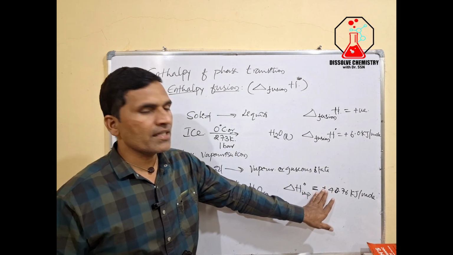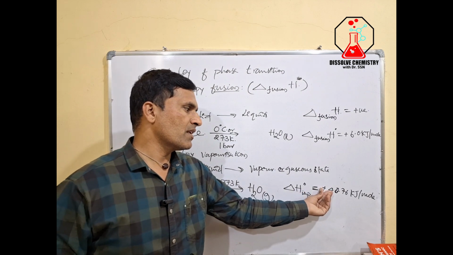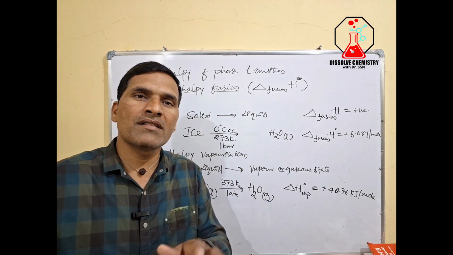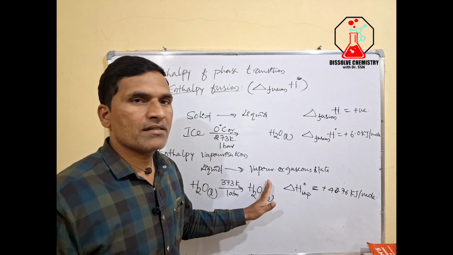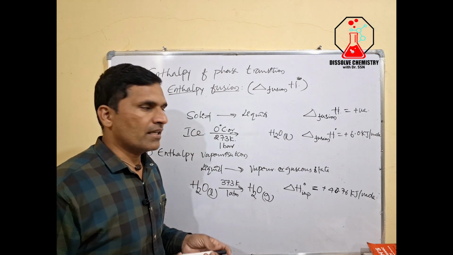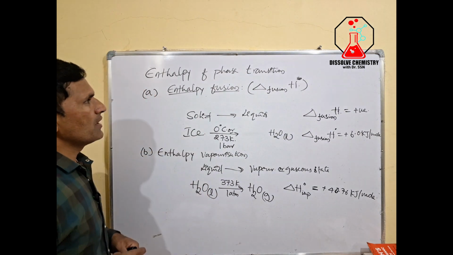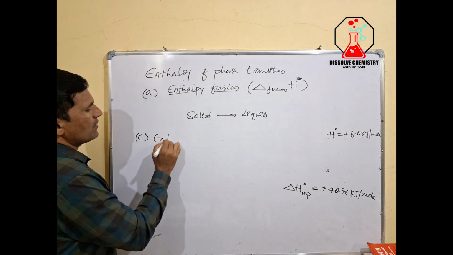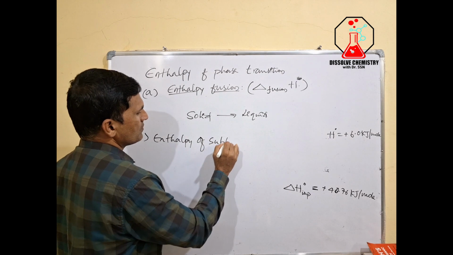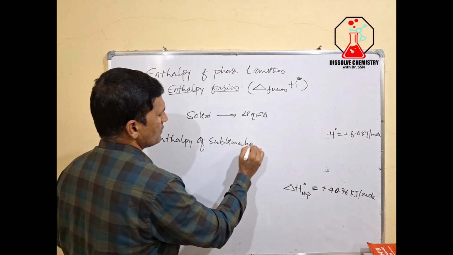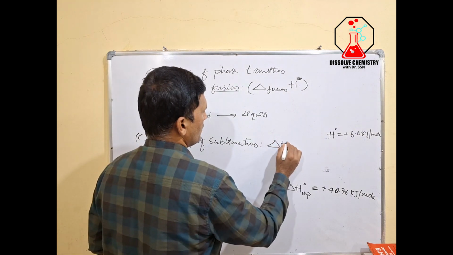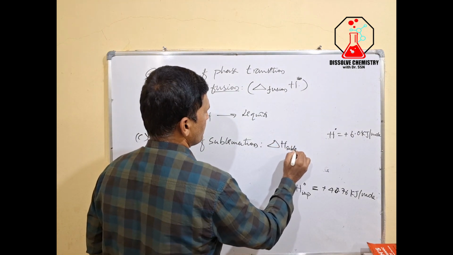Its sign is going to change, that is plus will convert into minus, because that much heat is given out when you condense 1 mole of gaseous water to liquid water. Then next we will talk about enthalpy of sublimation.